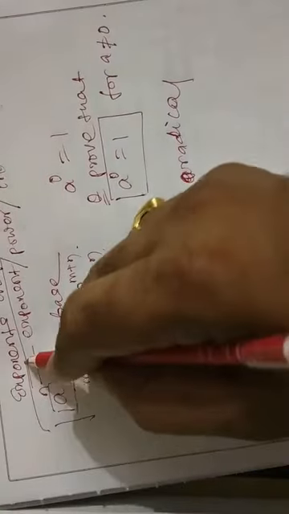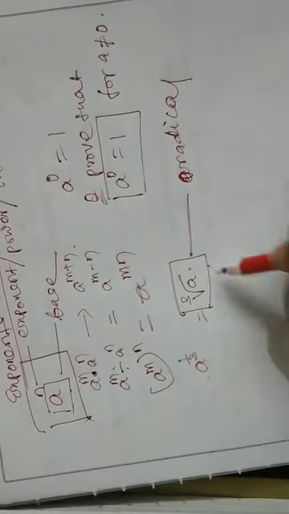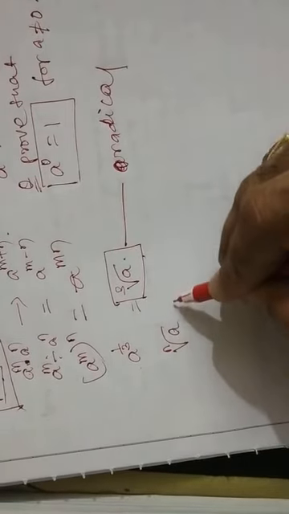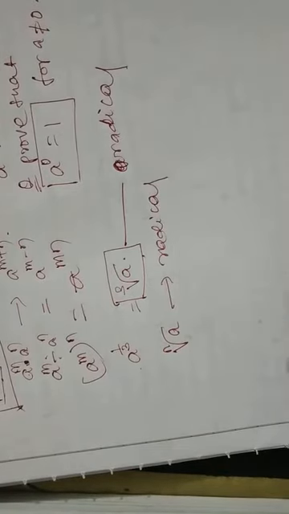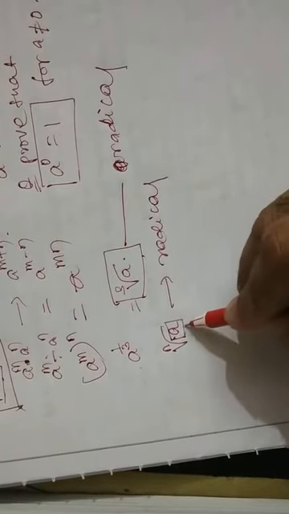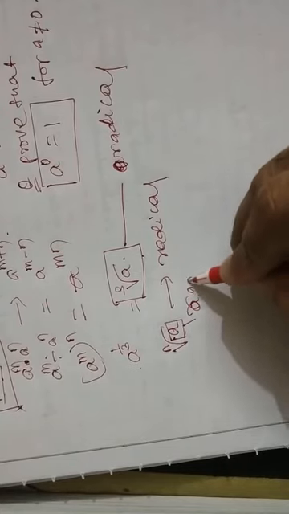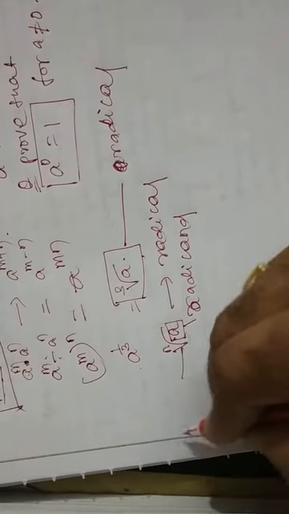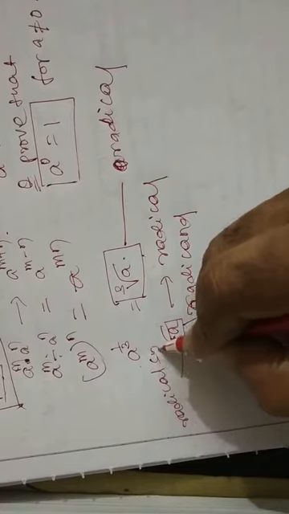This one is the exponential form. This is the radical form. So nth root of a is a radical, and this a is known as the radicand, and the symbol is called the radical symbol.